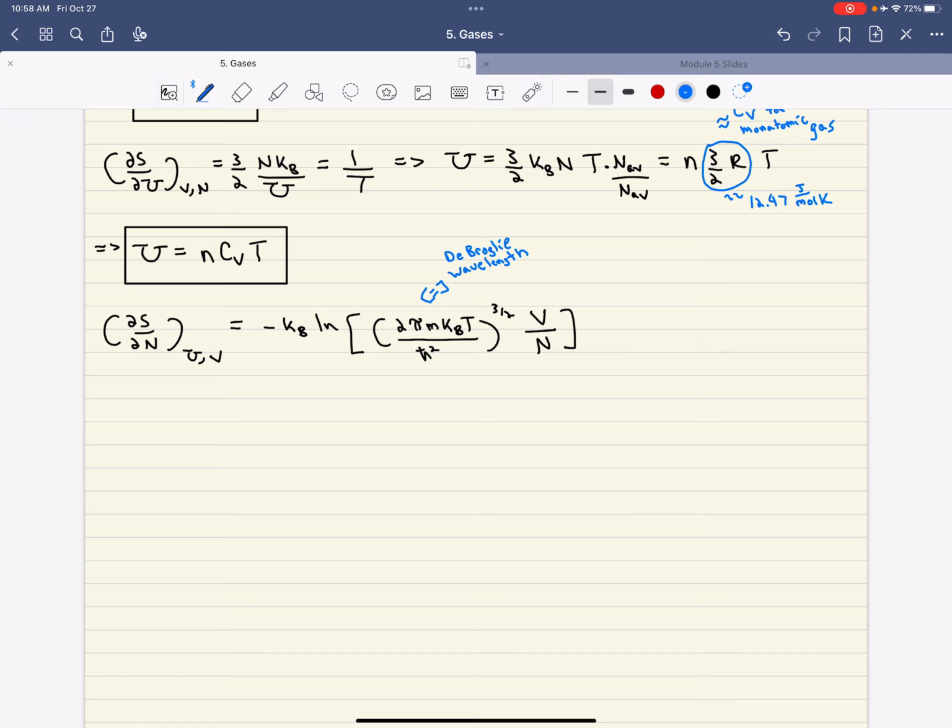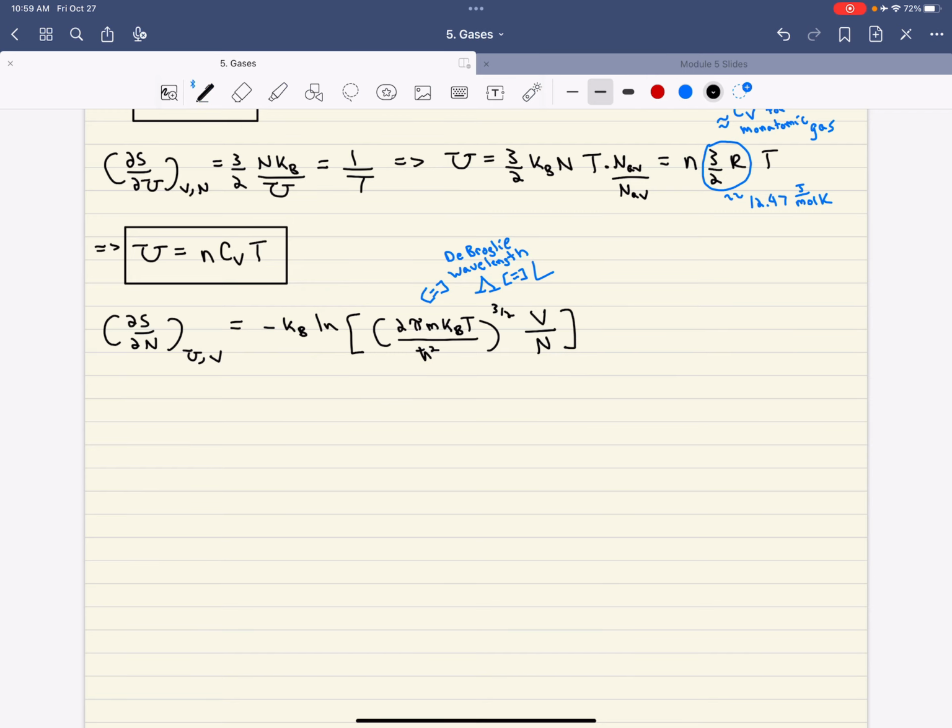It's abbreviated by capital lambda, and it's a wavelength because it has units of length, in terms of nanometers or things like that. The wavelength of the particle is a function of its mass and its temperature, which we know to be true. So by doing the partial derivative, we get this expression.